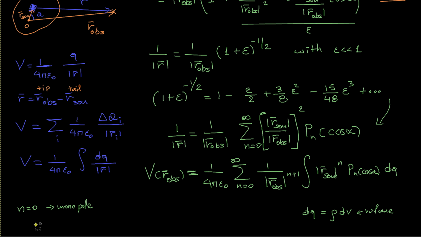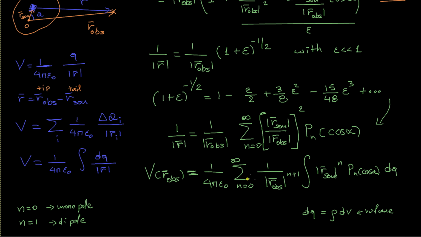If your charge distribution is overall neutral, then you will find the n equals 0 term to be 0. For n equals 1, we get the dipole term, and for n equals 2, we get the quadrupole term, and so on.